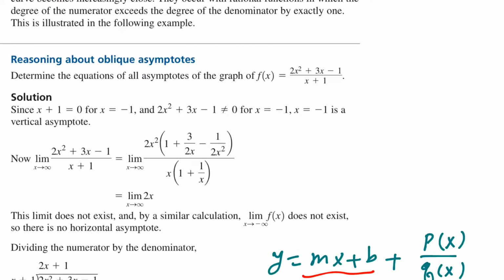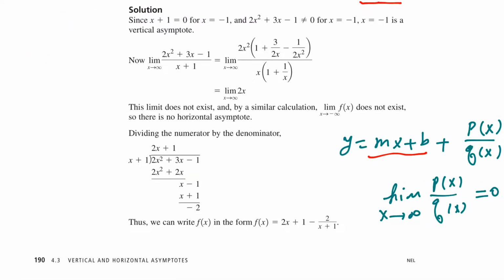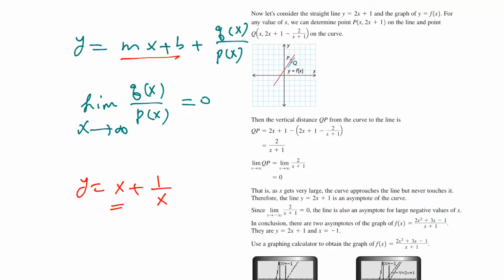For example, y equals 2x² plus 3x minus 1 divided by x plus 1 can be written as y equals 2x plus 1 minus 2 over x plus 1. By long division, we can write the function in the new form, the division statement. Since the limit of 2 over x plus 1 as x approaches infinity is 0, y equals 2x plus 1 is the oblique asymptote of the function.